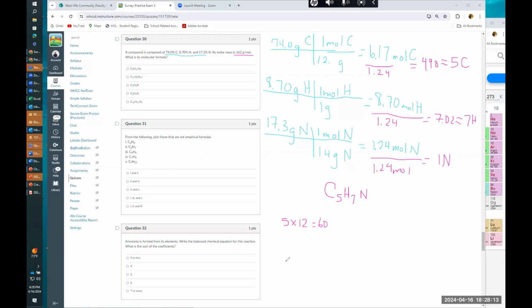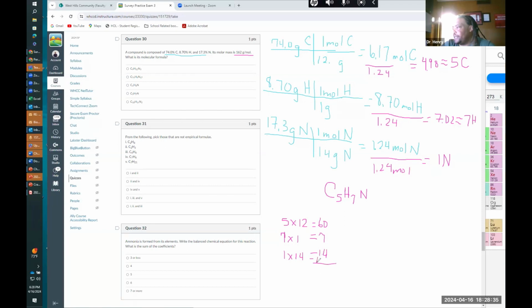Hydrogen weighs 1, so 7 times 1 is 7. Nitrogen weighs 14. Add them together: 14 plus 7 plus 60 is 81.